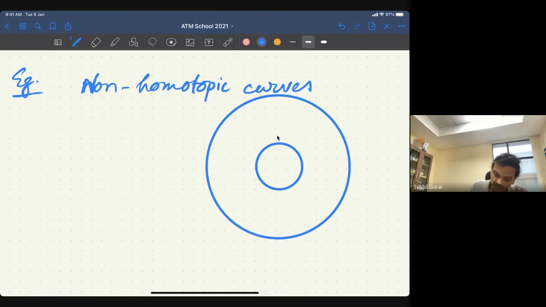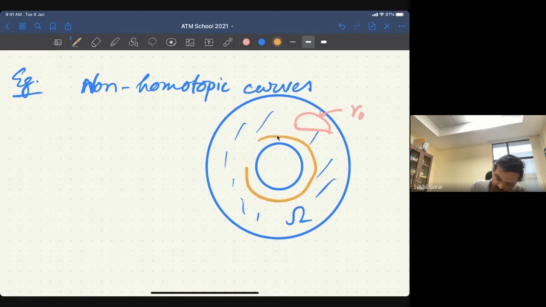So omega is your annulus. This is omega. Now consider a curve like this. This is a curve gamma naught, and consider another curve here. This is gamma 1.